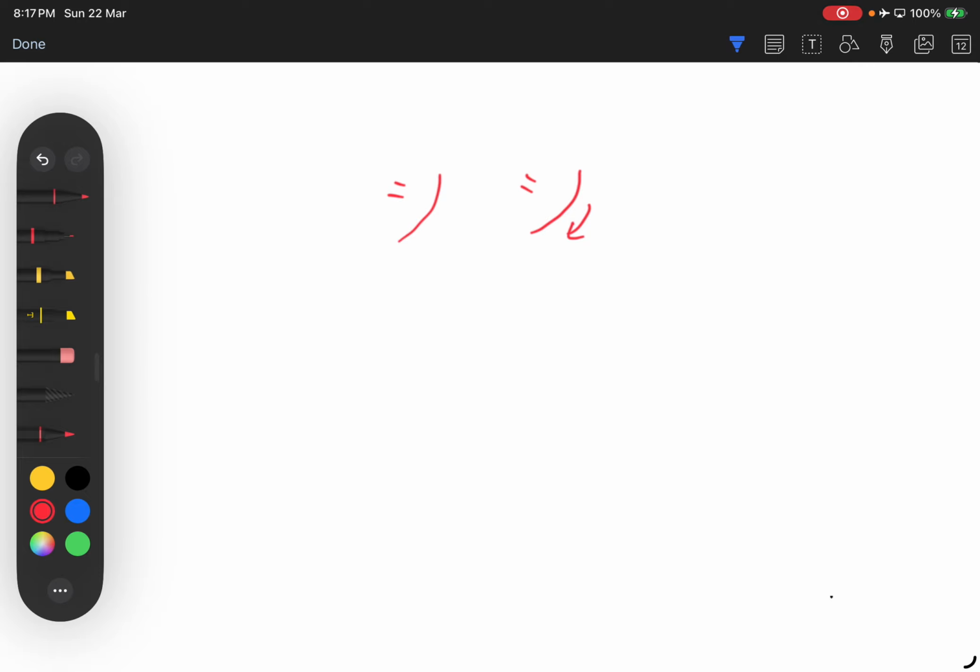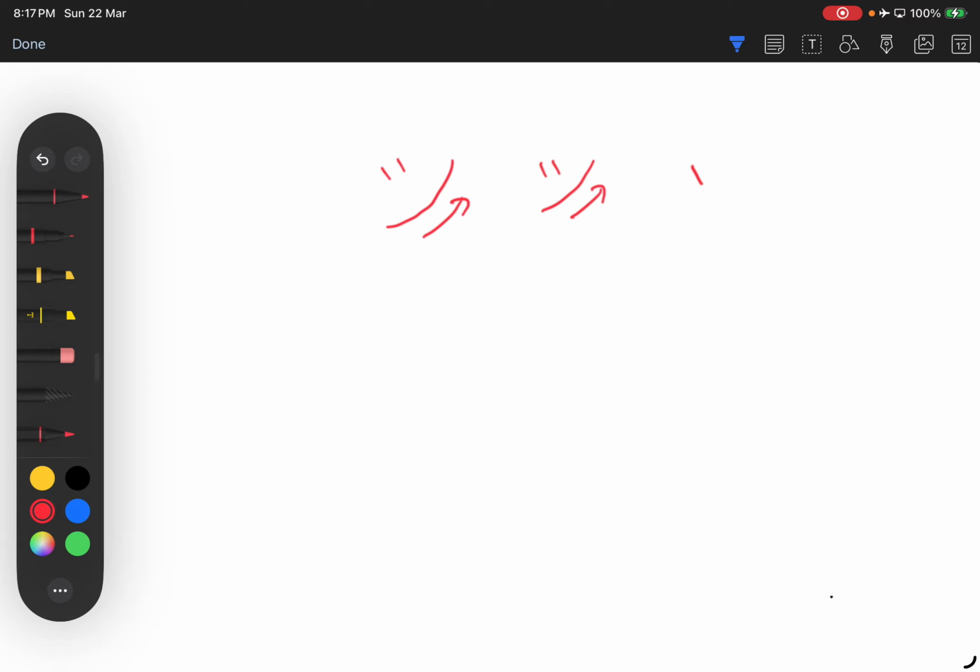Then 1, 2, 3. This is 字. Wait. Oh, okay, I understand why I write so badly. Okay, sorry. 1, 2, 3. This is going up. Right, we do the going up. 1, 2, 3. This is going up.